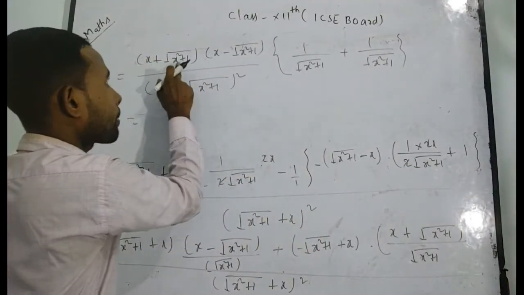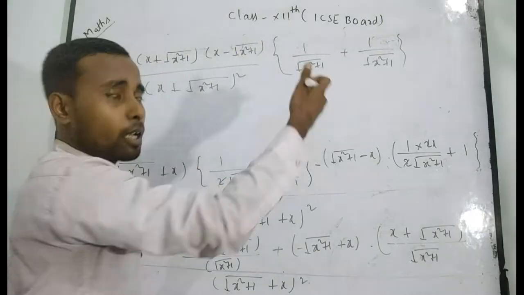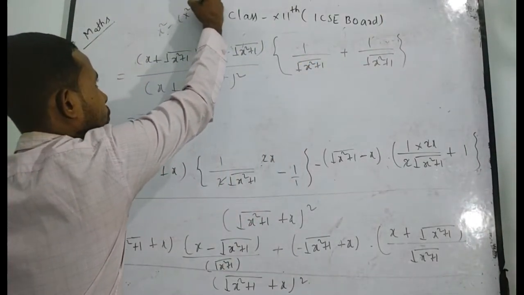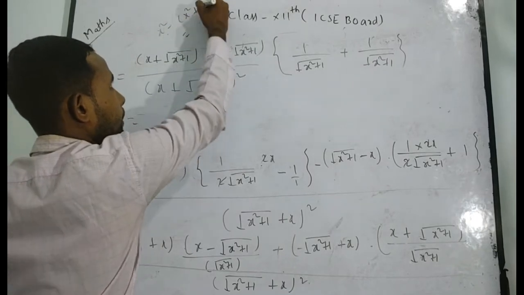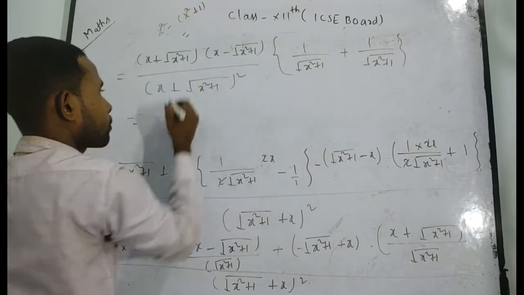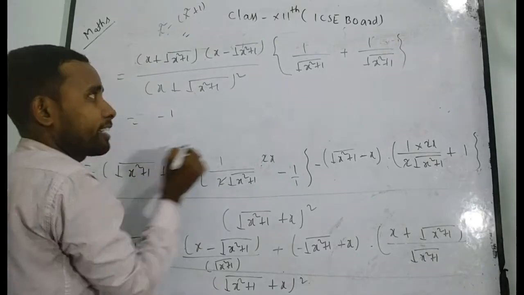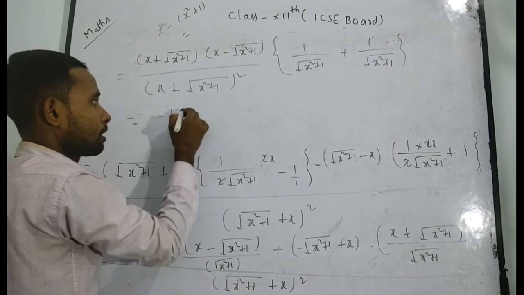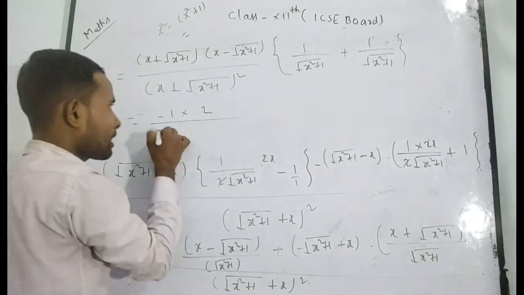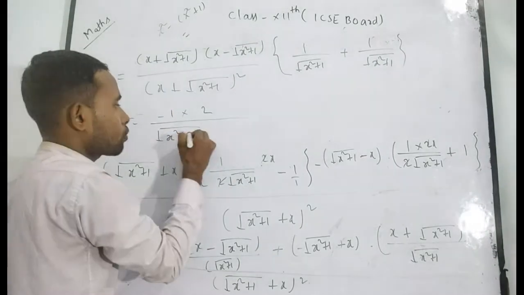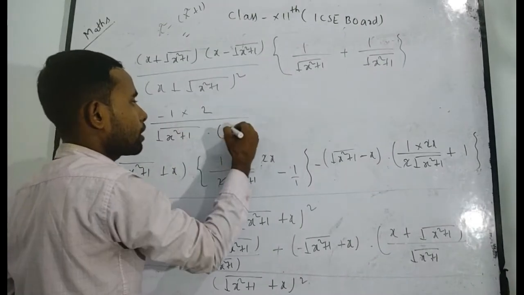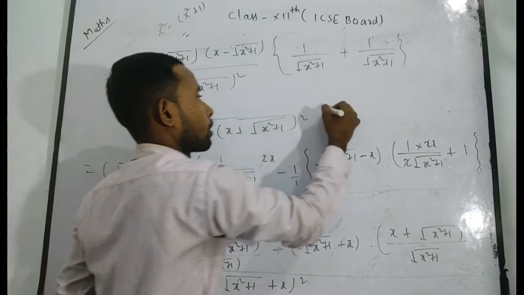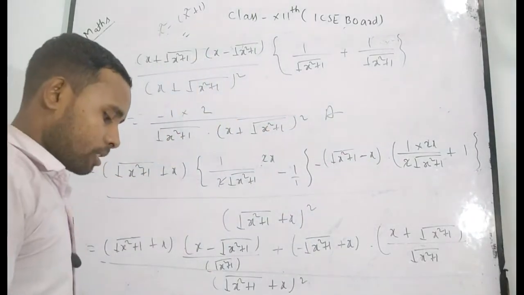So it will be x square minus root under x square plus 1 whole square, so x square minus x square plus 1, then x square cancels and it will be minus 1. So write here minus 1, and it will be 1. This term will be 2 upon root under x square plus 1 into, in the denominator, x plus root under x square plus 1 whole square, which is the required answer of this problem.